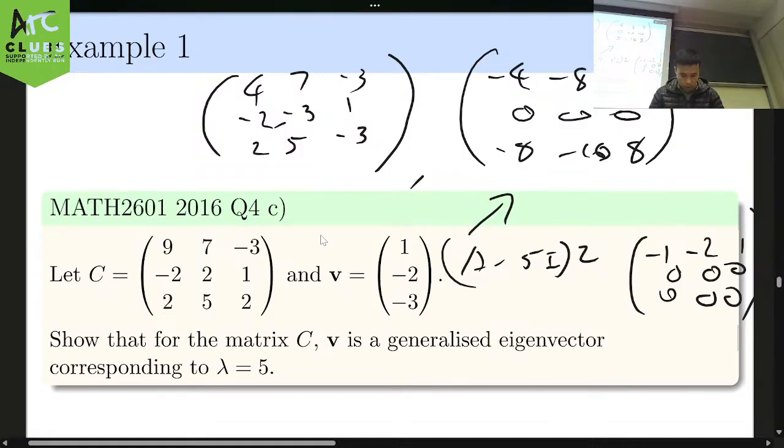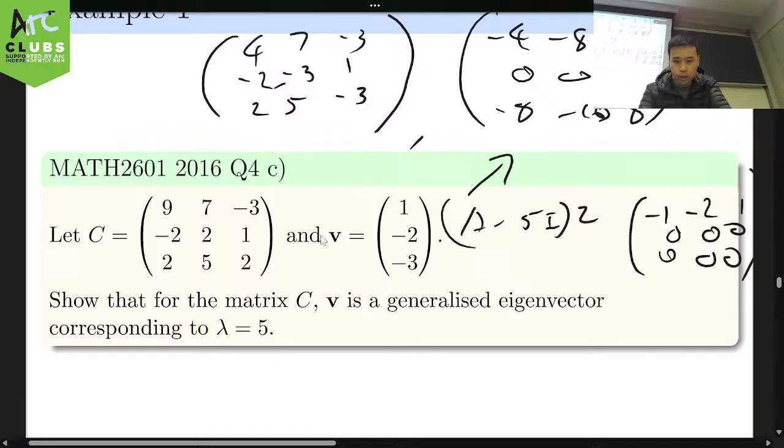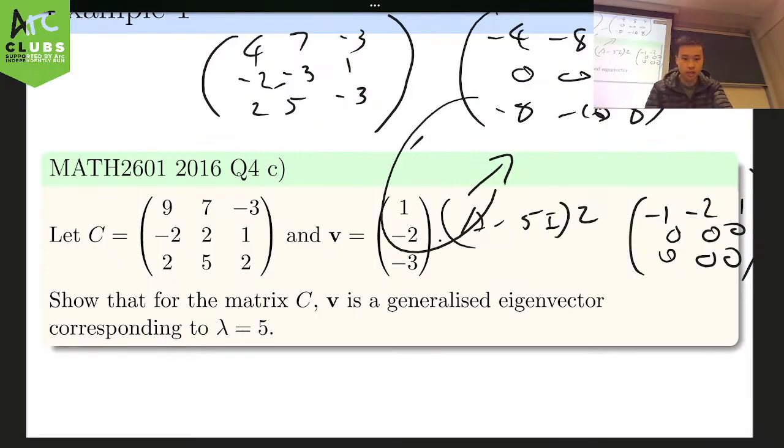Minus 1, yeah, okay. Through your favorite method of finding the kernel of this, you'll see that this actually does work. It's minus 1 plus 4 minus 3, that's equal to 0. So yes, it is an eigenvector, or at least a generalized eigenvector of this.